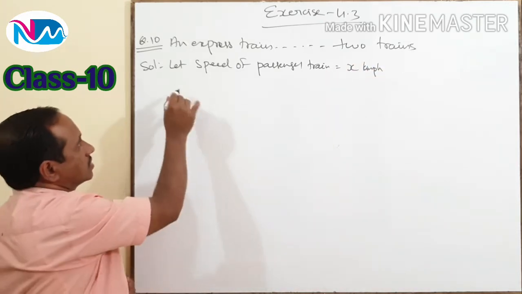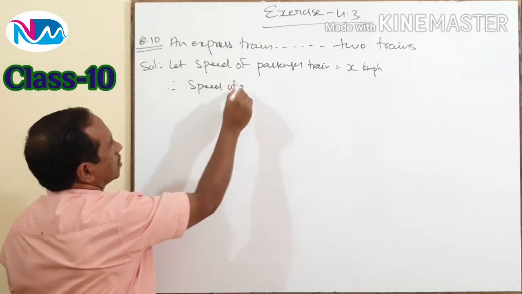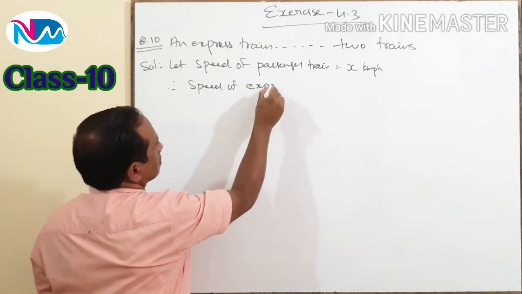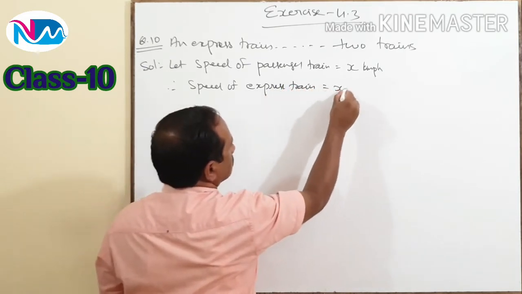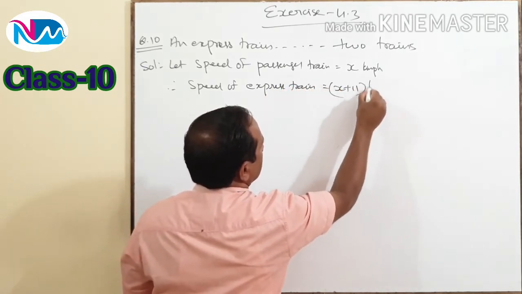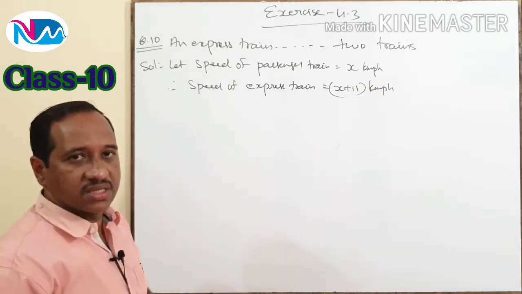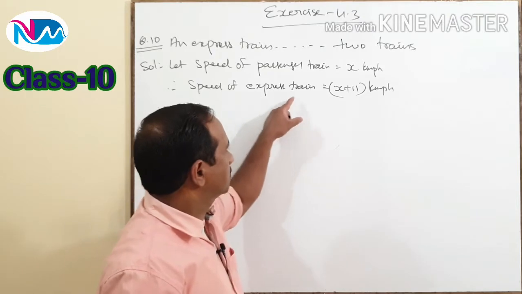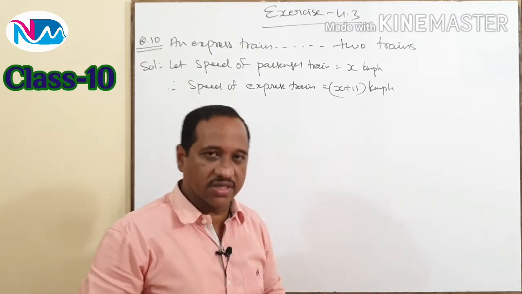Therefore, according to the question, speed of express train will be equal to x plus 11 km per hour, because it is given that the average speed of the express train is 11 km per hour more than that of the passenger train.